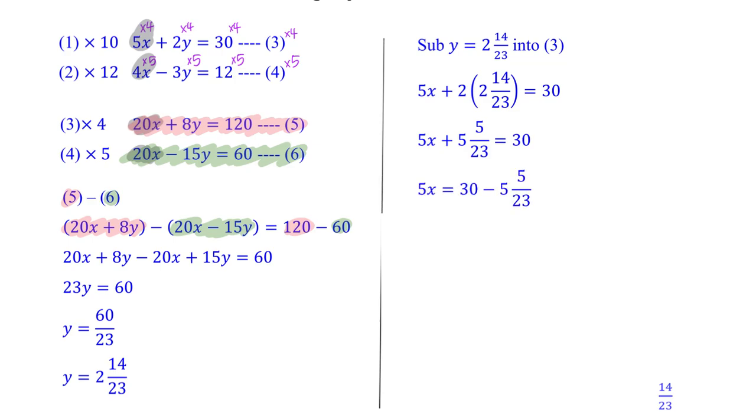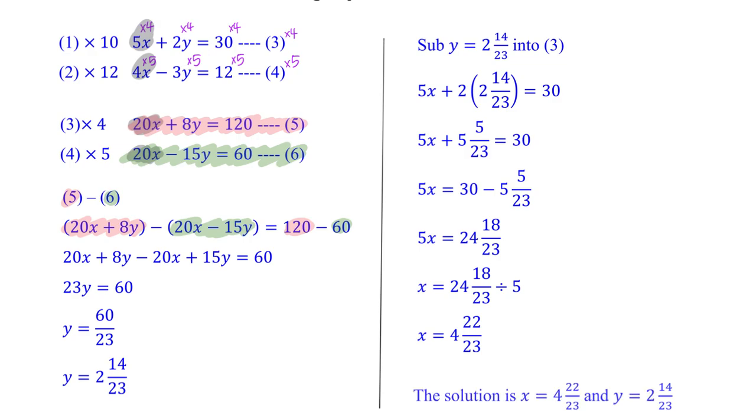We subtract 5 times 60 over 23 on both sides, and eventually divide by 5, and that will be our solution, where x equals 22/23, and y equals 14/23.